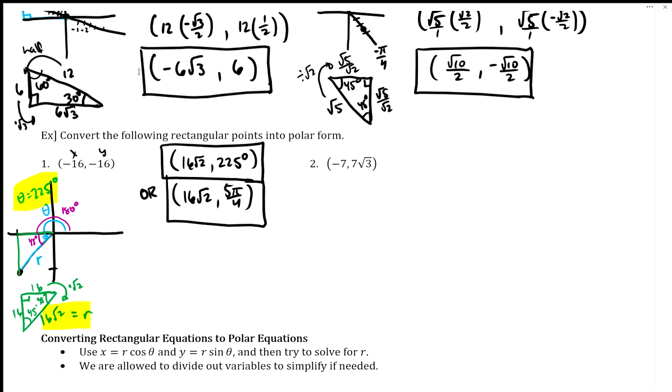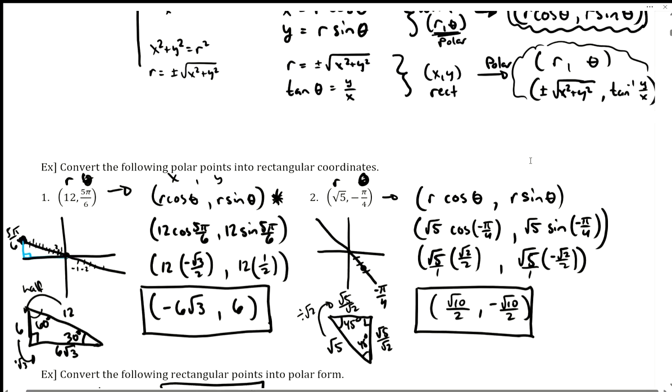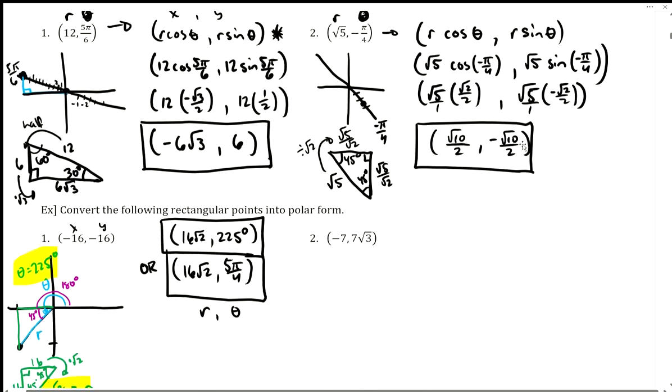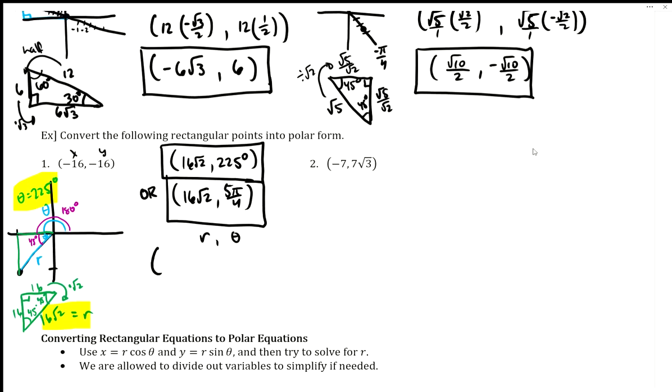All right, if we wanted to try to jump into our point using the form, so r and theta, using our formulas from up there, we would have plus or minus the square root of x squared plus y squared, comma, and then theta can get solved for by doing the tangent inverse of y over x.